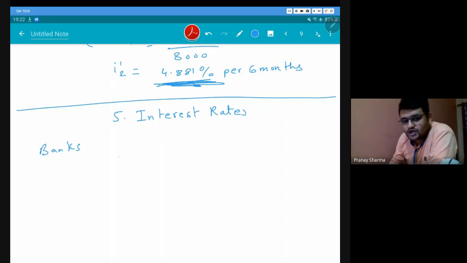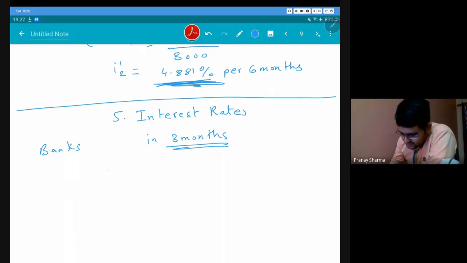If you see your bank passbook or something, you will find that almost exactly every 3 months they will give you interest. So you will get interest on whatever amount was kept in your account every 3 months. But whenever you see any ad for a bank, or whenever you go to a bank and ask how much rate they are giving you, they will always give you a number on a per annum basis.